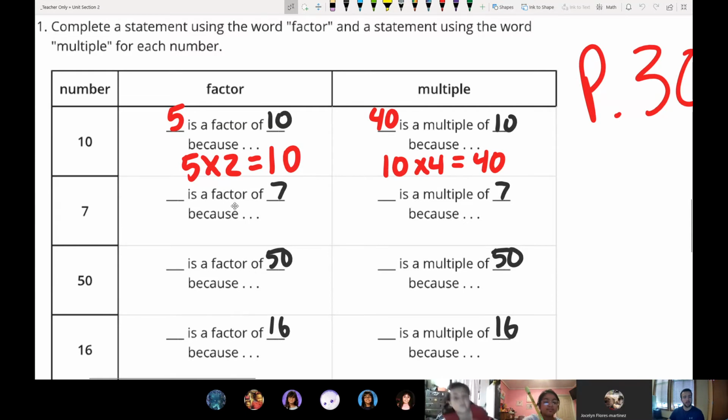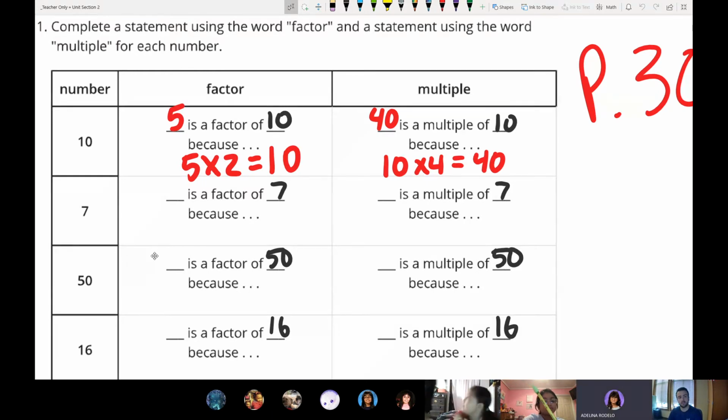Let's do one more example together. I want your help on this one. Who can help me with 7 here? What is a factor of 7 that I could write down? Adelina, go for it. You can put 1 times 7. Okay, 1 times 7 could get me 7.